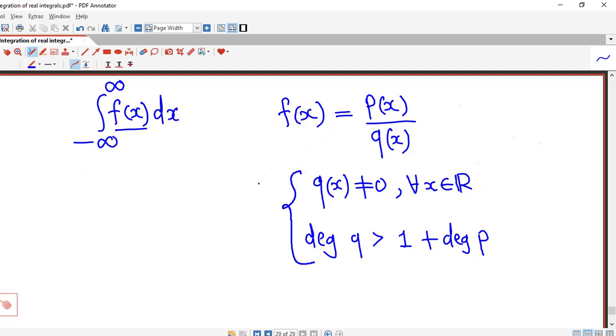If these two conditions are satisfied, this improper integral is convergent and we can evaluate its value using Cauchy's residue theorem.